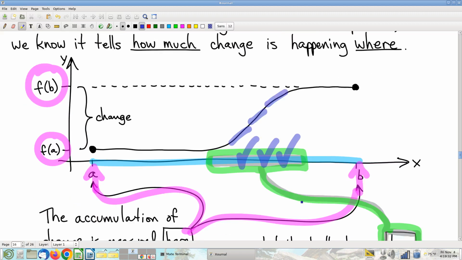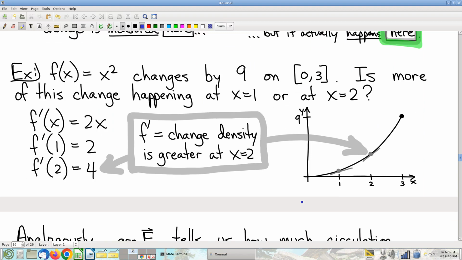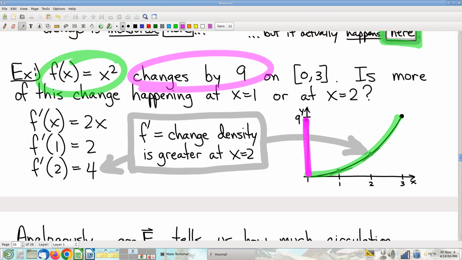Okay. All right. So just as an example, and this is a silly example, I apologize for wasting your time. Just to set up the analogy, though, if you look at this function here, f of x equals x squared, there's a total change of 9. Grand total, the function changes by 9 over the given interval from 0 to 3.